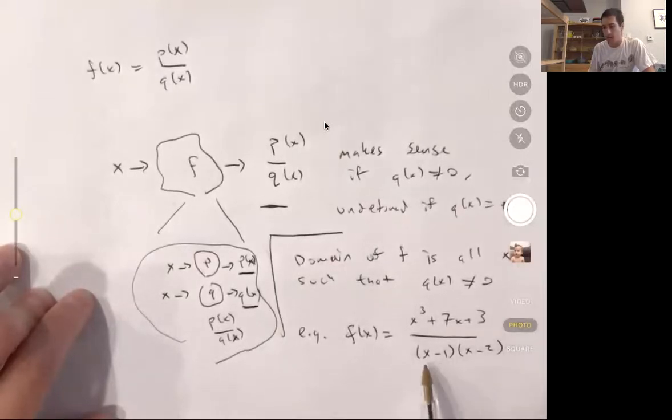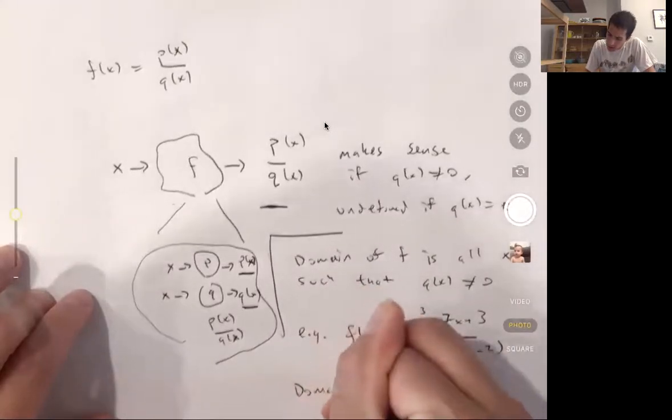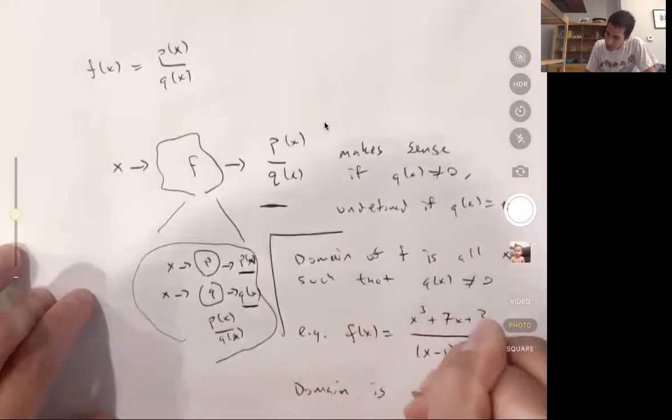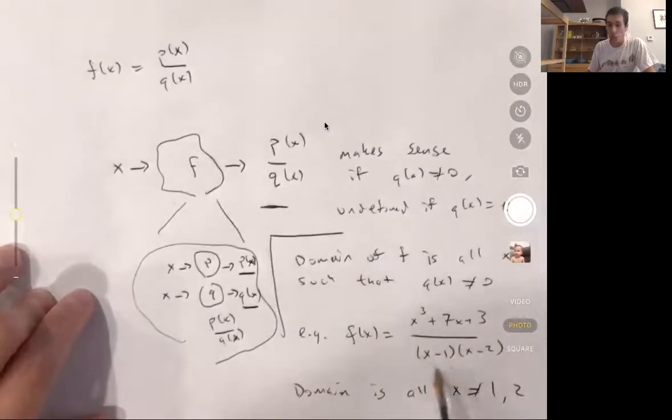If the denominator is 0, then what we'll get is an undefined number, so it won't be in the domain. So the domain of f in this case is all x that are not 1 or 2, because if we plug 1 in here, we'll get 0. If we plug 2 in here, we'll get 0. But every other x, if I plug in anything else, then this denominator will be non-zero, and so I'll get a well-defined fraction.